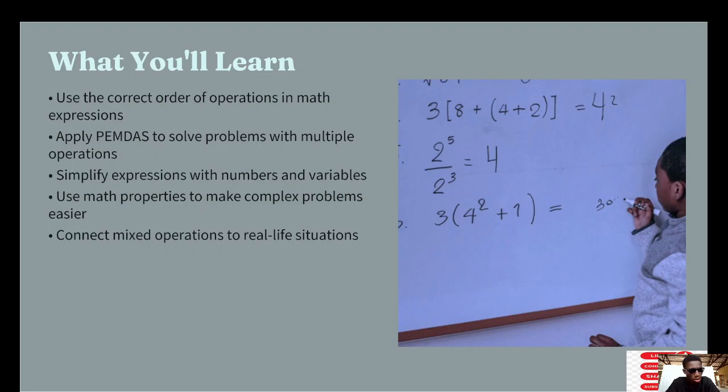You should also be able to use math properties, like the associative property, the commutative property, the distributive property, and the identity properties, to make complex problems easier. And finally, you should be able to connect mixed operations to real life situations.